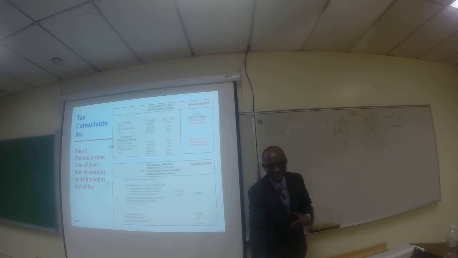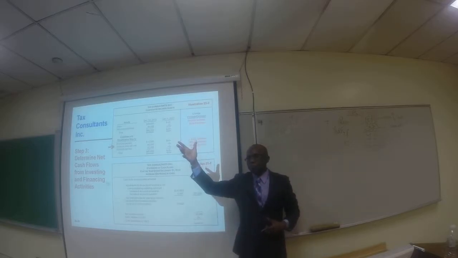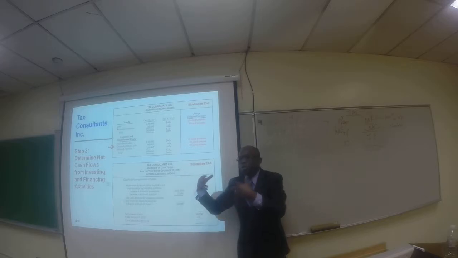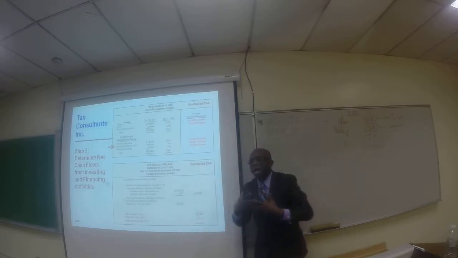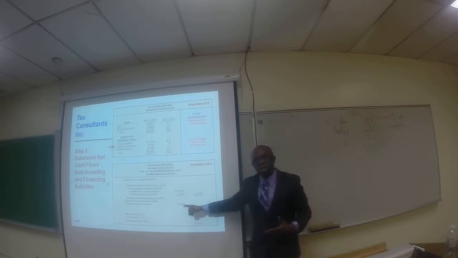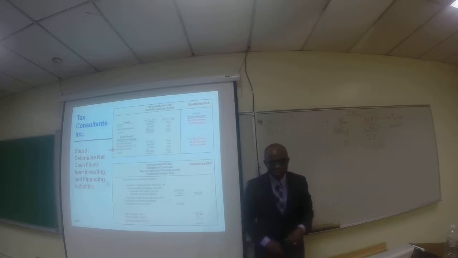We made those adjustments. Look at it. Easy. We issued what? Common stock for 60,000, right? When we issue common stock for 60,000, what is that? That is cash inflow. So we report $60,000 under financing, issuance of stock.